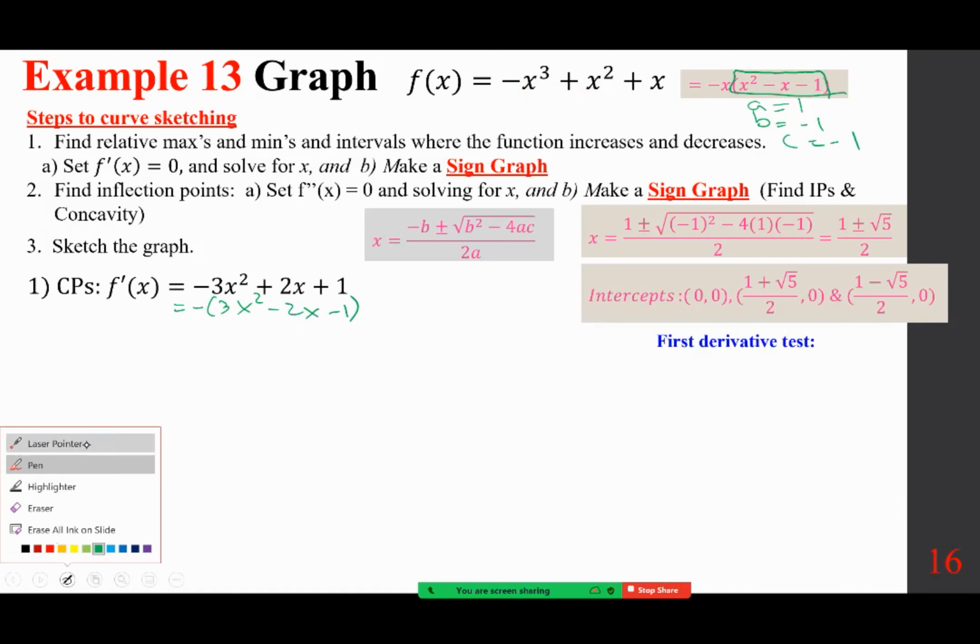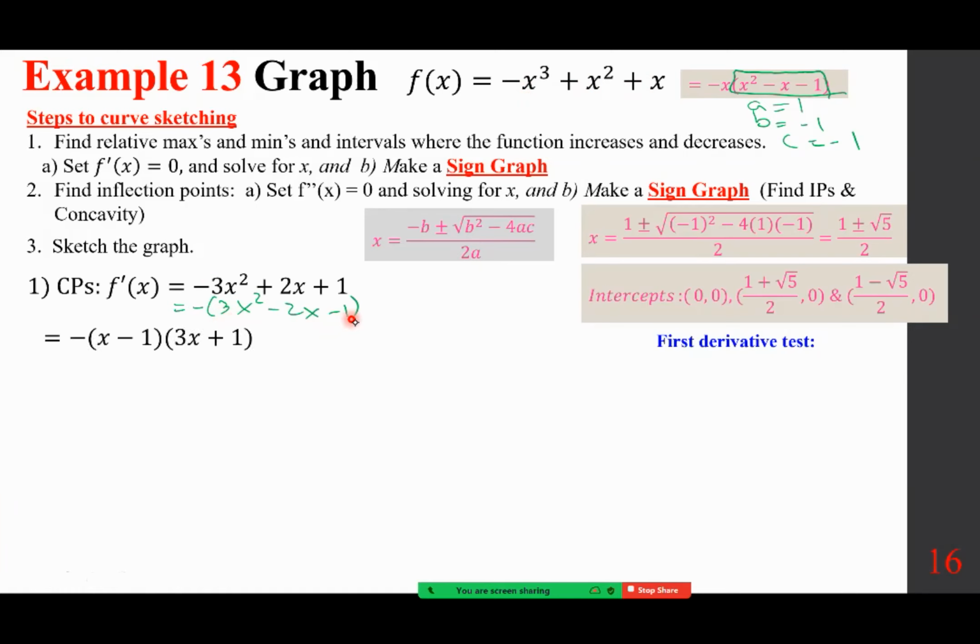The factoring is not too bad because 3 is a prime number and 1 has to be 1 and 1, one of them negative. So when you factor it, this is what you get. Notice the middle term of minus 3x here plus x gives you minus 2x. So when you set this one equal to 0, x becomes 1. So f prime equals 0 at x equals 1 and x equals negative 1/3.